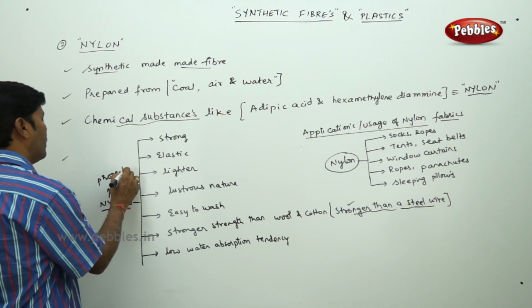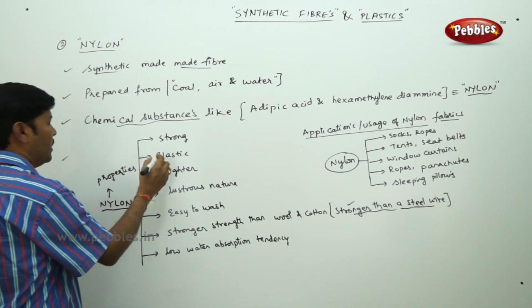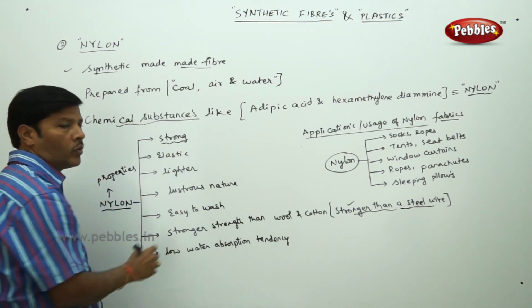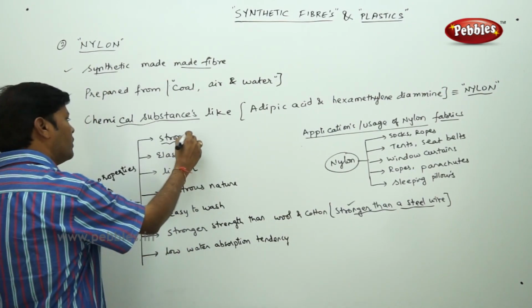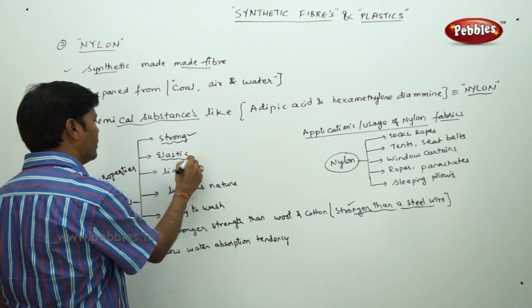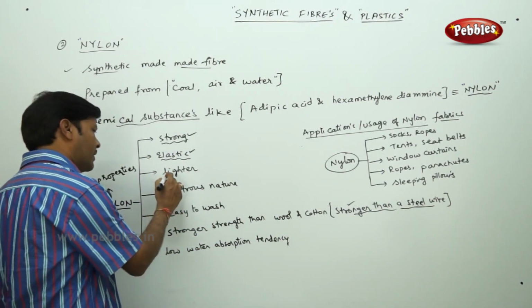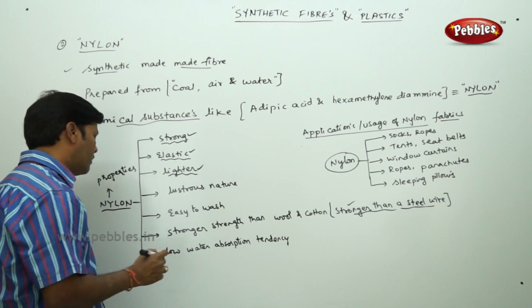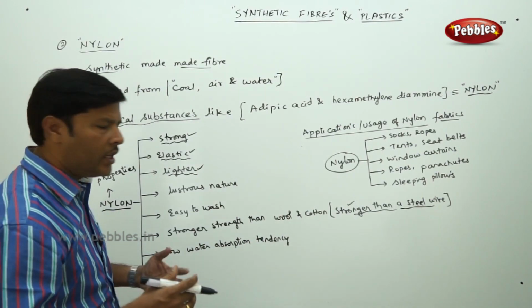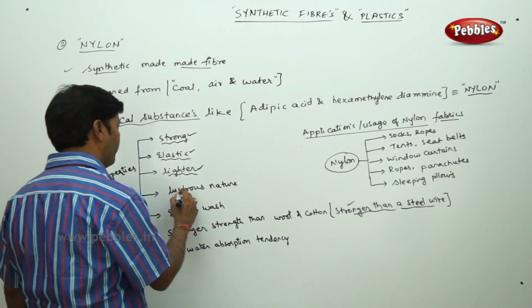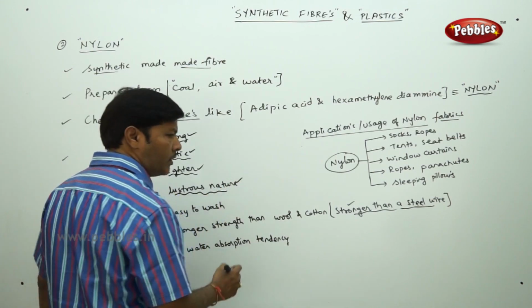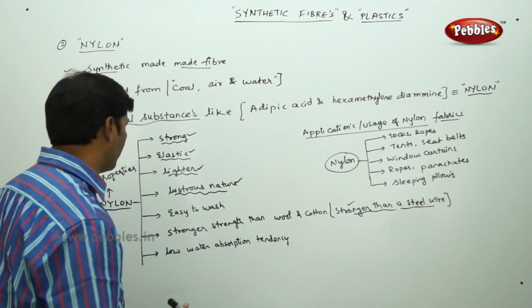All nylon fibers are very strong. They have an elastic nature, that means they are flexible. They can contract and expand. They are also lighter. All nylon fibers are very light. They have a shining nature. Lustrous is nothing but shining nature.